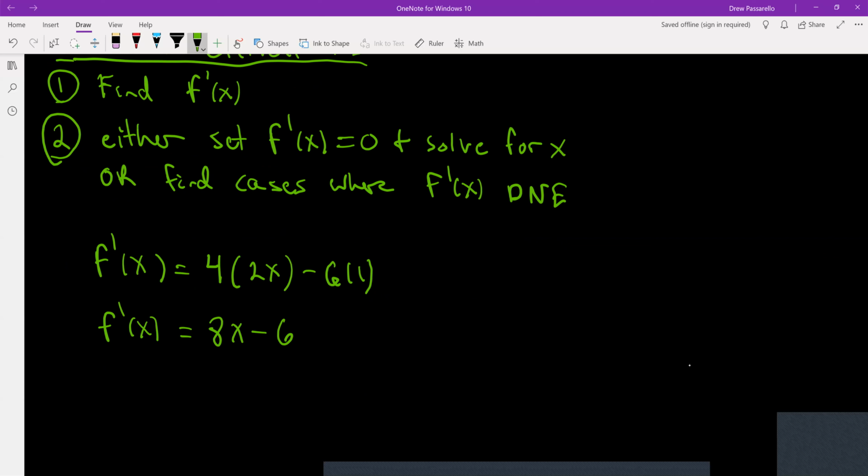All right, that's the first step. Now the second step is to find either cases where the derivative doesn't exist, or find the cases where f prime of x equals 0. So I'm going to say, note, this 8x minus 6, this is a polynomial, so f prime of x is a polynomial, so it exists at all points x.